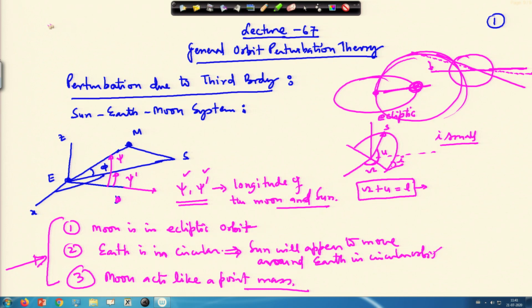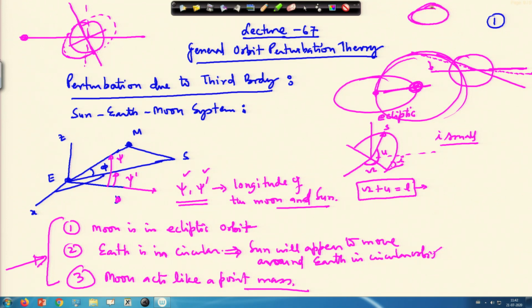See here, the sun is far away from the earth. If this is the earth and the sun is at a large distance, still the oblate shape of the earth causes a precession motion of the axis of spin. As we know, I discussed in the beginning of this course that the earth axis moves in a circle. So, this is the spin axis of the earth.